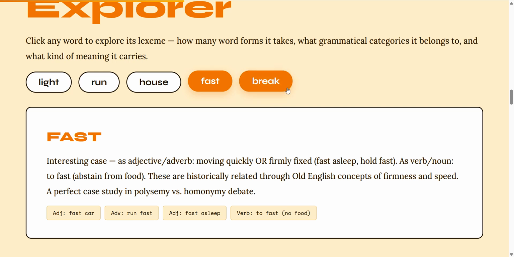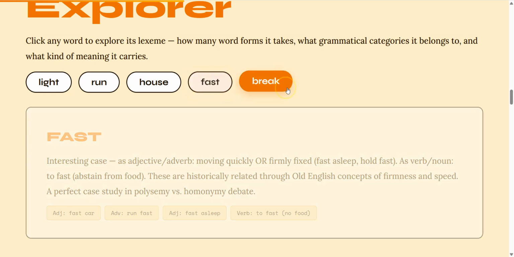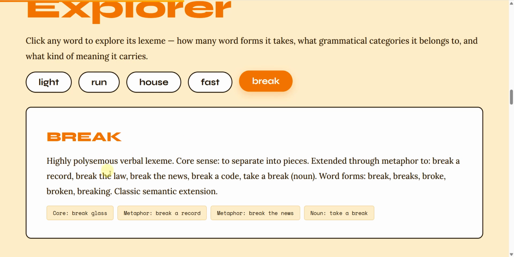The last example here is break. A highly polysemous verbal lexeme. The core sense is to separate into pieces, extended through metaphor to break a record, break the law, break the news, break a code, take a break. The word forms are break, breaks, broke, broken, breaking.